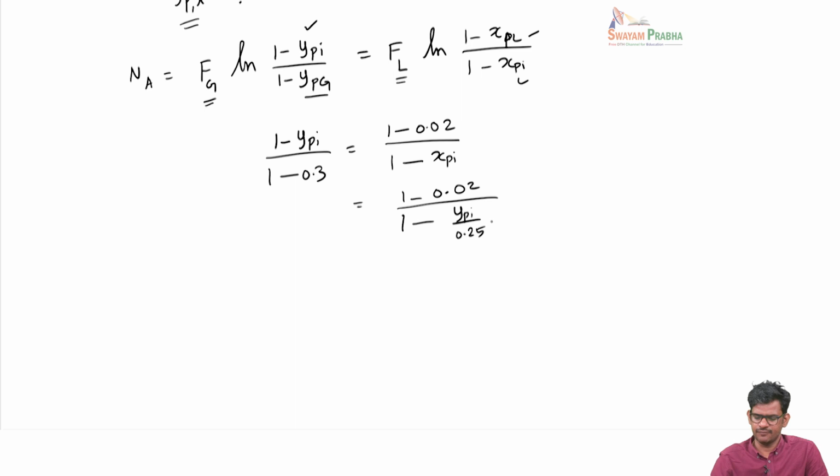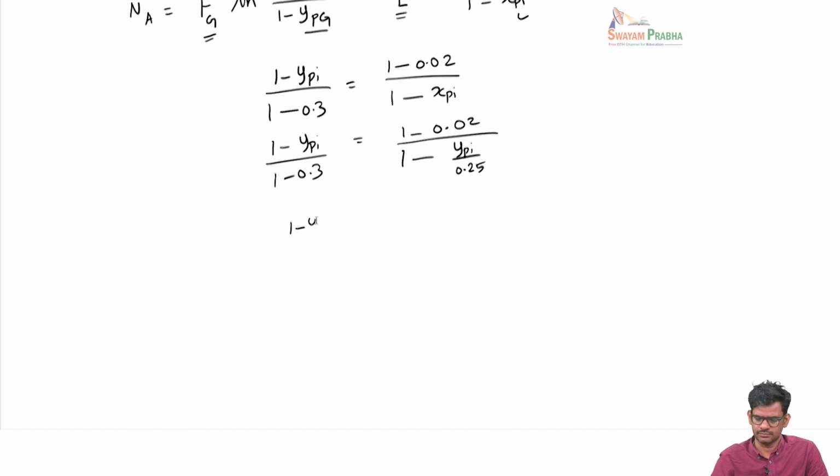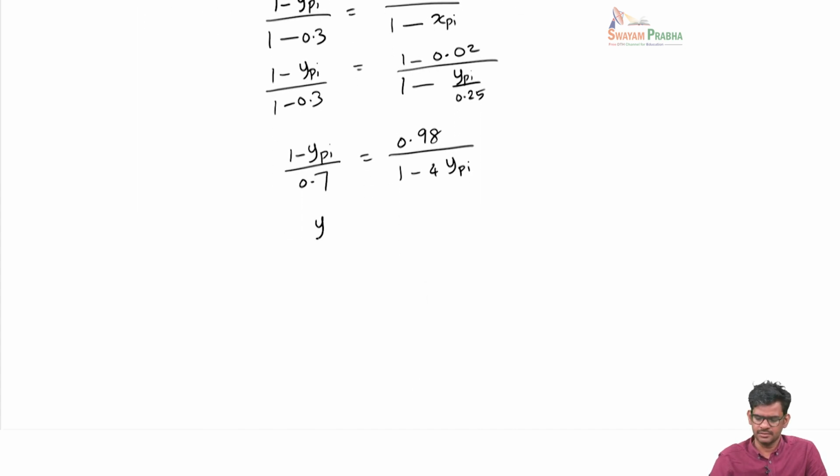Now you basically have only one unknown here. From here you can solve for YAI.